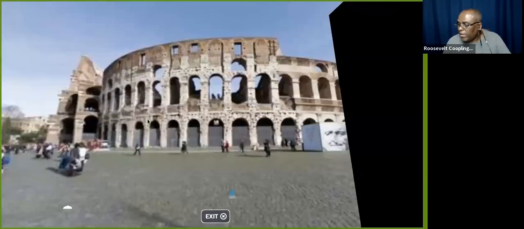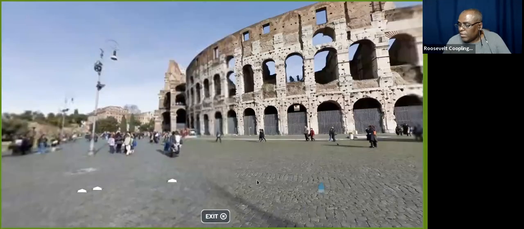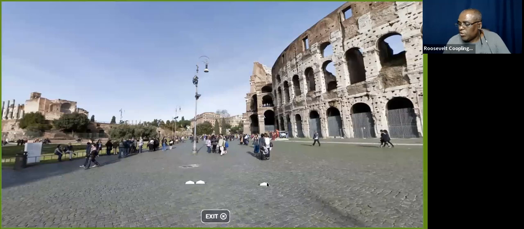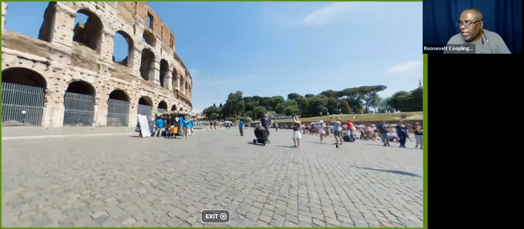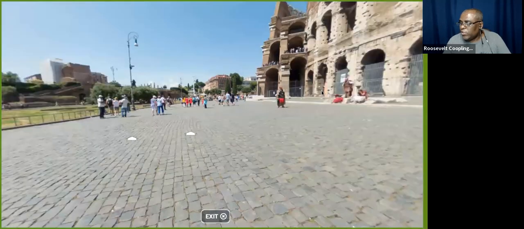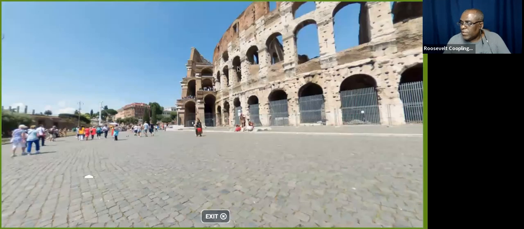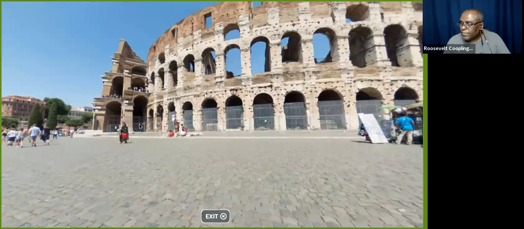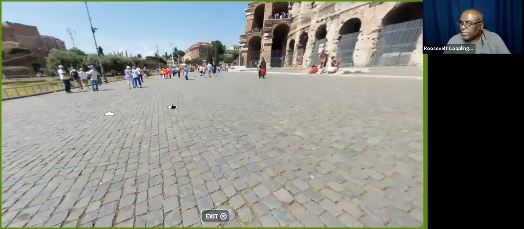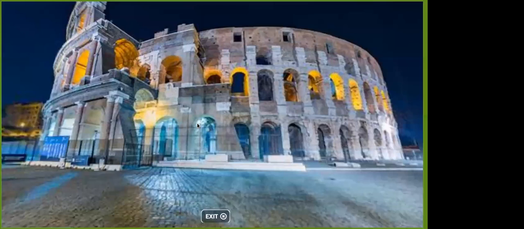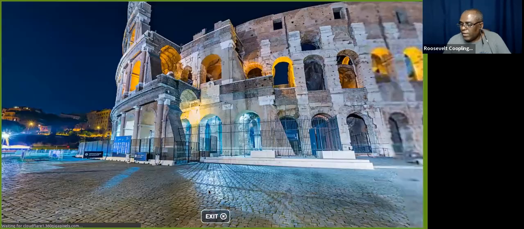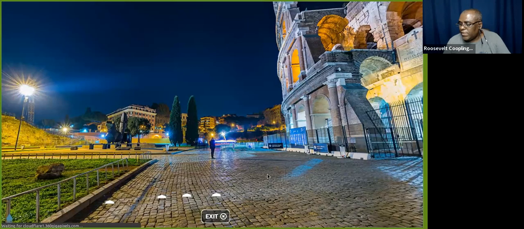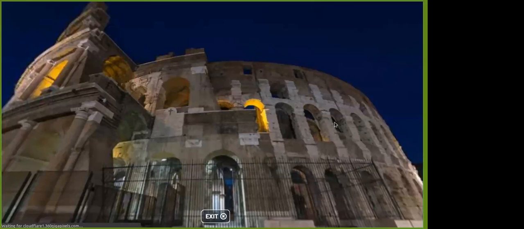Oh, look at that. So many people here taking pictures. And Leonardo, did you get inside the Colosseo? Inside or outside? Outside. Okay, and when I visited there, I also visited outside.